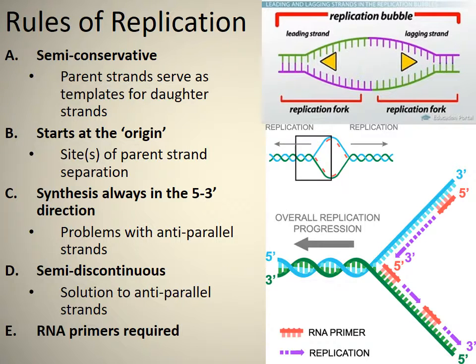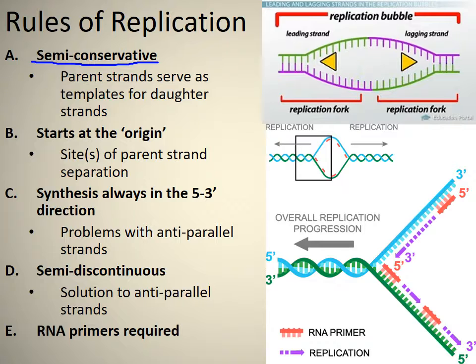There's a couple rules of replication that I would like to talk about. It's semi-conservative. What does semi-conservative mean? Well, if we were to take a look at the structure of DNA, we see that it is made of 2 strands. Instead of the whole entire strand getting copied and we have a brand new one, each parent strand will act as a template for a new daughter strand.